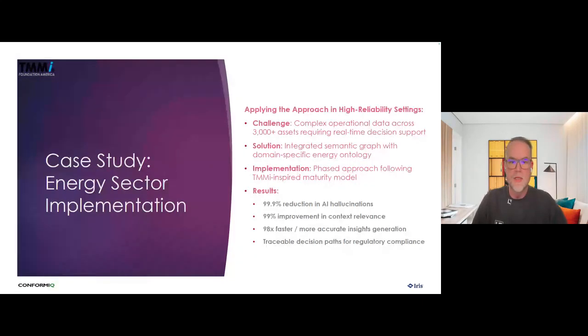The context relevancy in terms of recall from a natural language perspective went to roughly 99%, and insights generation was roughly 98% faster. Some of the problems people were working in a disconnected capacity took on average 20 days, and now they take roughly 2 minutes.